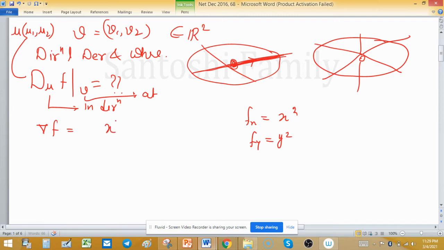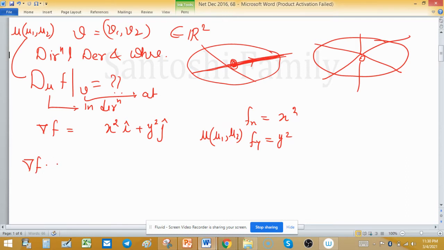So this will be x square i hat plus y square j hat, and suppose vector u has components u1, u2. So take the dot product with this vector.